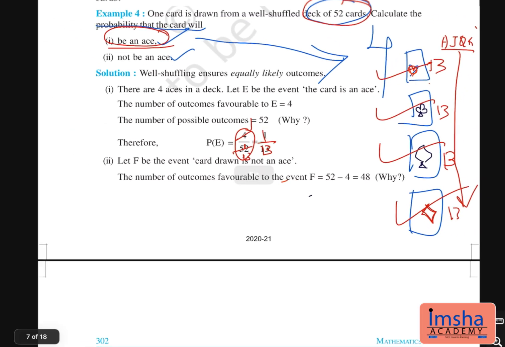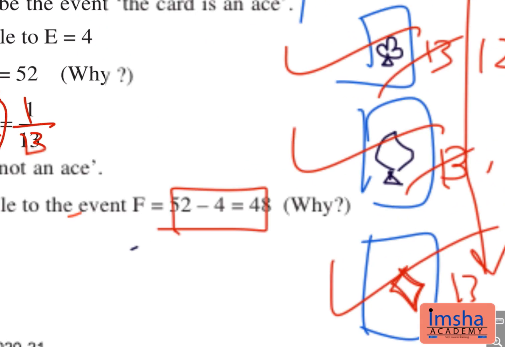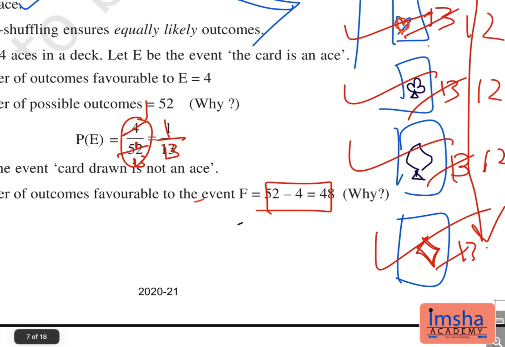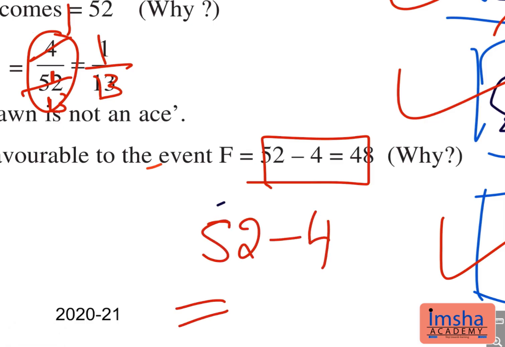Similarly, the second question is not getting an ace, which means we have to remove the ace card from all of these decks. So this will become 12, this will become 12, this will become 12 and the last will become 12. 12 fours are 48, right? Like this you can solve, or you can just subtract the 4 cards from the deck, that is 48 cards.